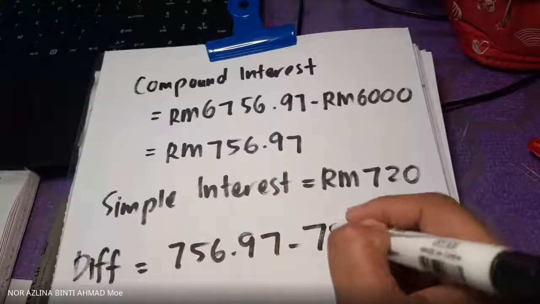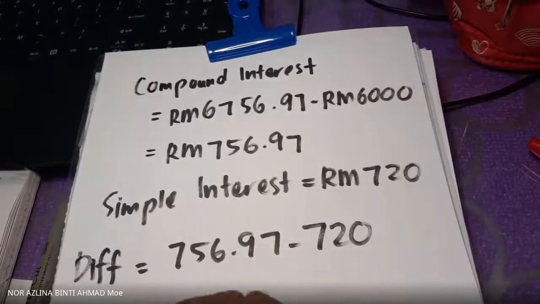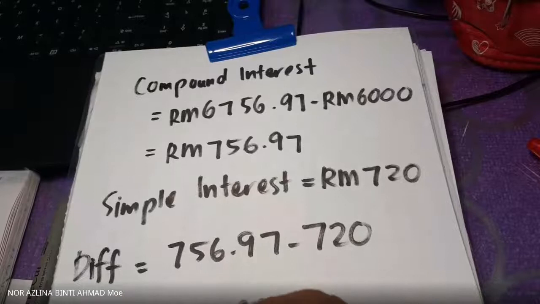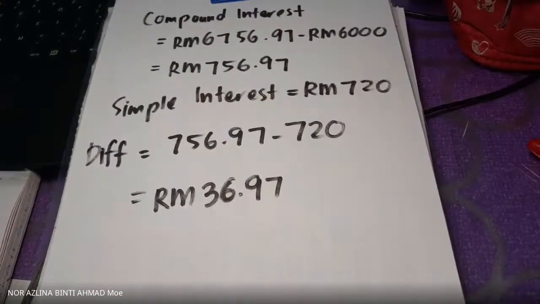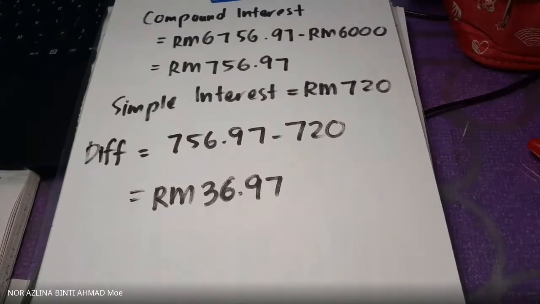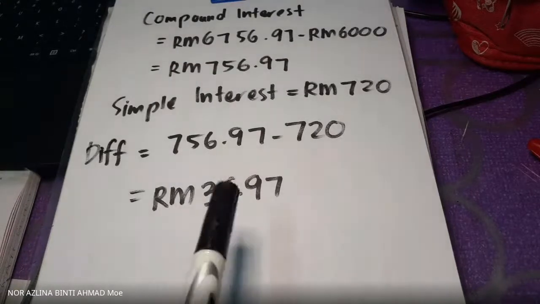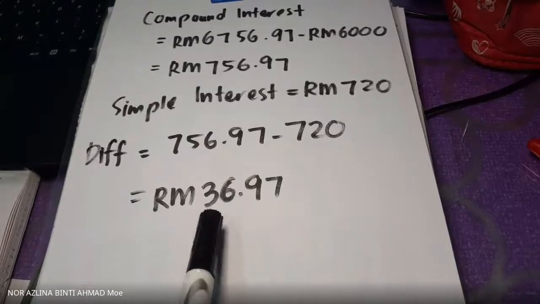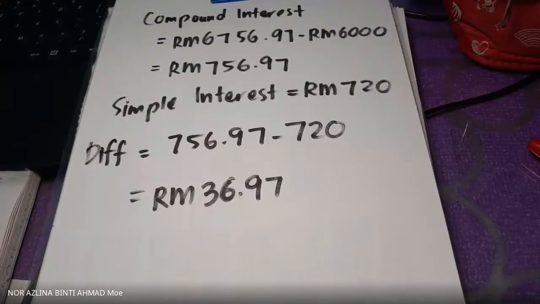756.97 minus 720, the answer is RM 36.97. The difference in interest between simple interest and compound interest is 36 ringgit 97 cent.